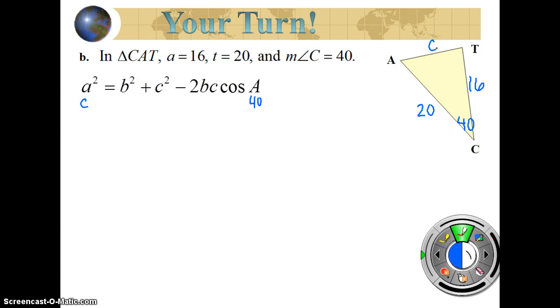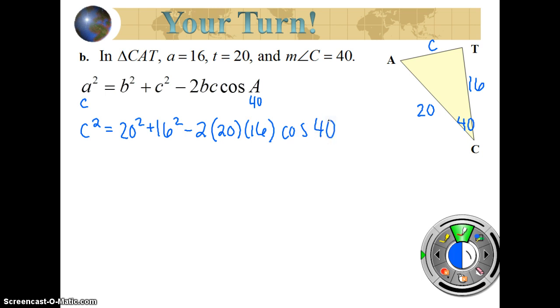So we are going to have C squared is equal to my other two sides squared. So we're going to have 20 squared plus 16 squared. Even if it's not labeled A, B, C, you guys can still apply it to other problems. Minus 2 times my other two sides, and then cosine of my angle.